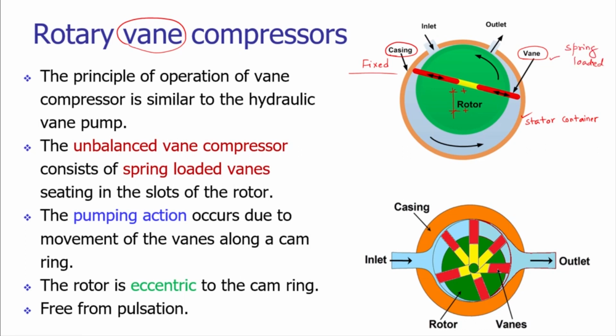As you can see, as the rotor is rotating, this vane number 1, if it comes over here, the length of the vane is the same, but it will be pushed due to the spring force in outward direction. As it is moving in outward direction, there is generation of the volume here, there is increase of the volume. Here you can see the volume V1 has been increased to volume V2.